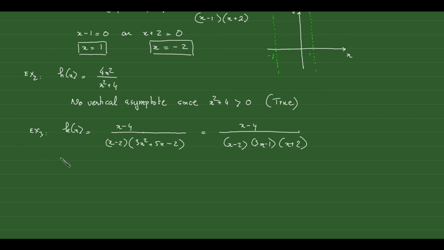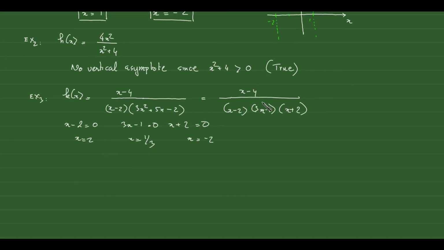So in order to find vertical asymptotes, you just set each of them equal to 0. So you have x equals 2 as one of the vertical asymptotes, x equals 1/3, and x equals negative 2. So we have 3 vertical asymptotes. If we put it on the sketch, you're going to have something like this.